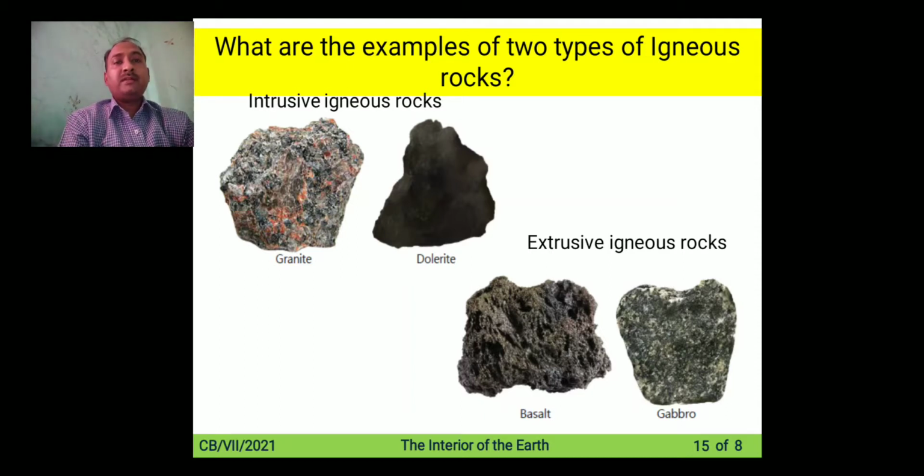Let us see granite and dolerite. These two examples are especially concerned with intrusive igneous rock, and basalt and gabbro. These are the two examples of extrusive igneous rocks.